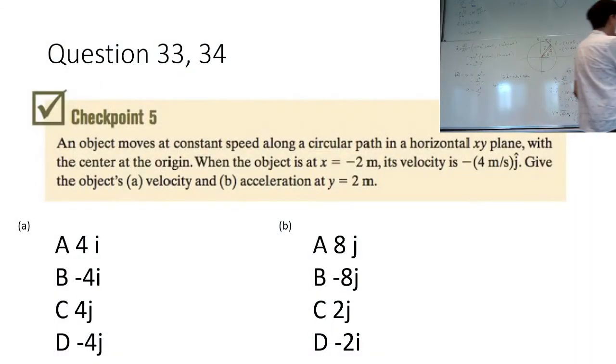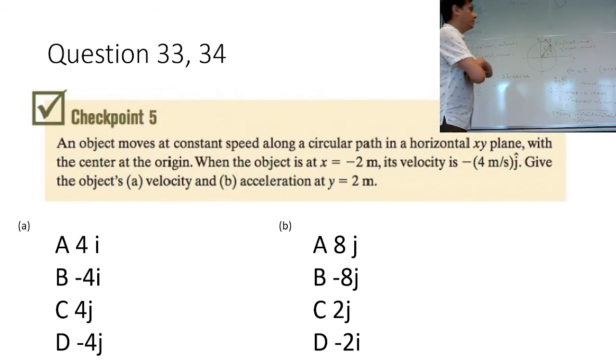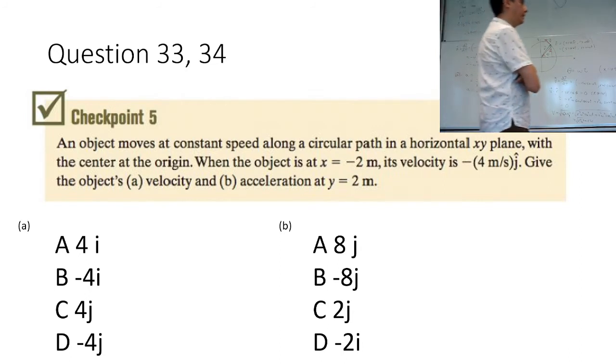So let's do this one. An object moves at constant speed along a circular path in a horizontal xy plane with the center at the origin. When the object is at x equals -2 meters, its velocity is -4 meters per second in the y direction, j.